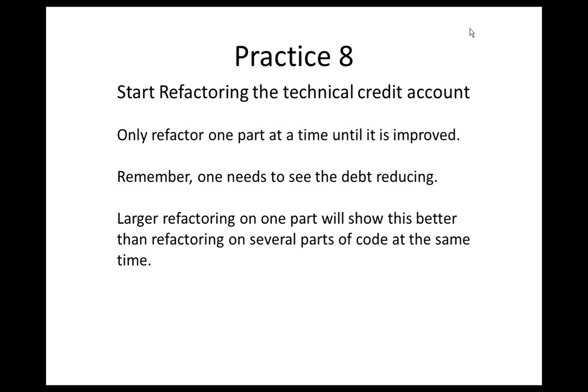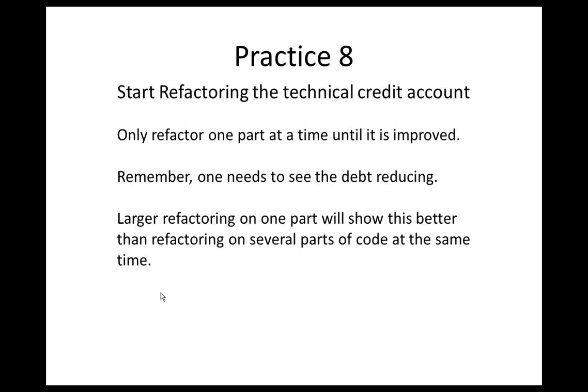Remember, we need to see the debt reducing, so try to see which part is really required. Larger refactoring on one part will show this better than refactoring several parts of the code at the same time. So don't jump in thinking, I will do this module also, or this function also. At whatever level you are thinking, go one by one.